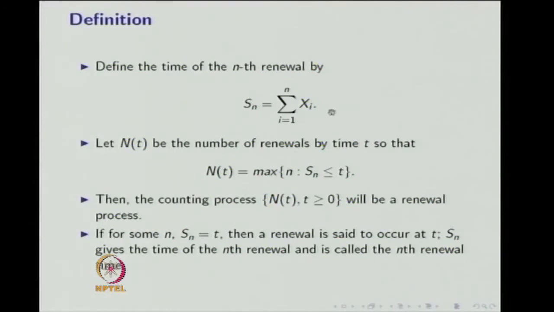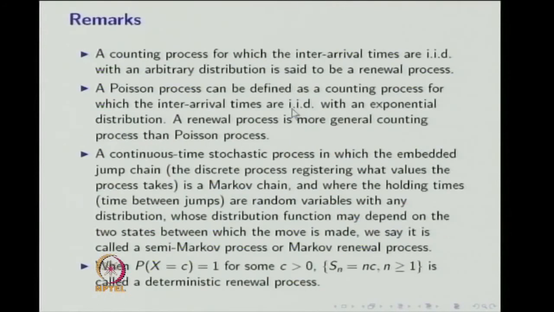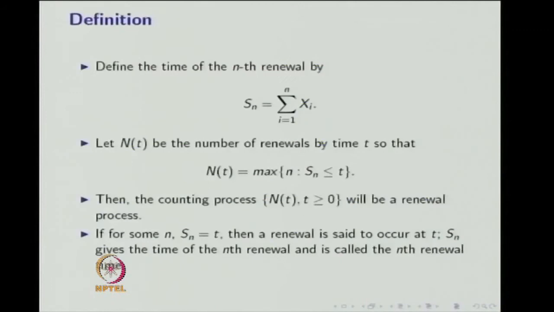Define the time of the nth renewal, Sn, as the summation of the first n Xi random variables. The Xi's are the time interval between the (i minus 1)th renewal and the ith renewal, and Sn is the time of the nth renewal, denoted by the summation of Xi from i equal to 1 to n.